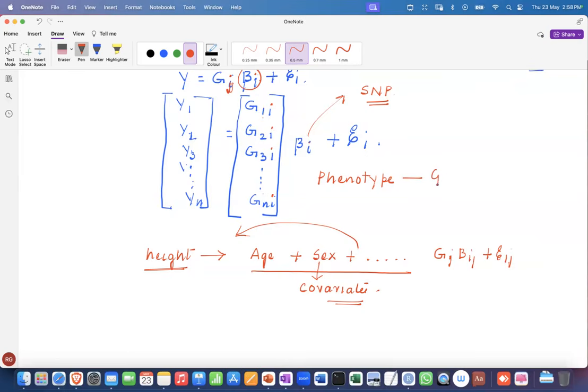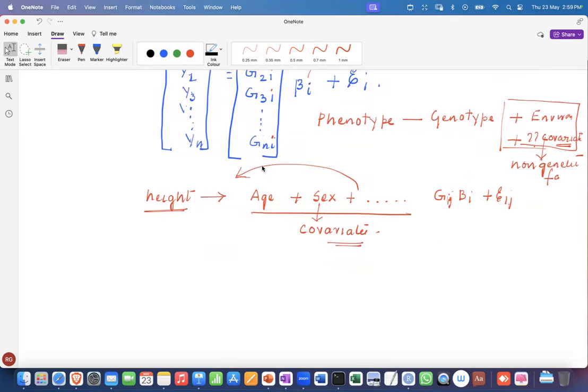Phenotype is genotype plus environment, and something I left. These two together are termed as non-genetic factors, and under this, you can have a term called covariate. Okay, this is what we have studied.